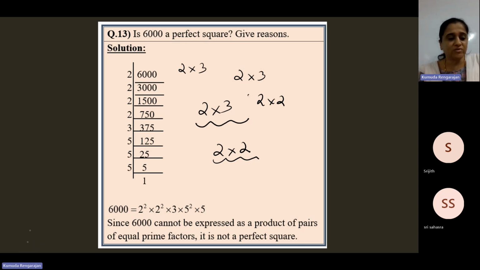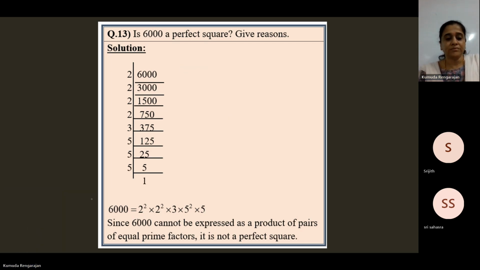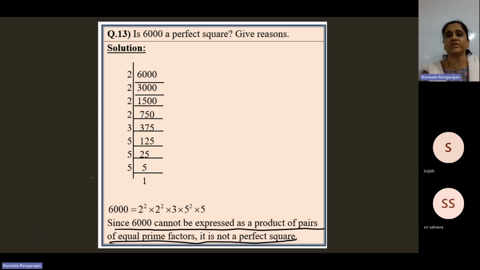So if it is a perfect square, you will be able to express the number as a product of pairs of equal prime factors. So here the reason is, since 6000 cannot be expressed as a product of pairs of equal prime factors, it is not a perfect square.